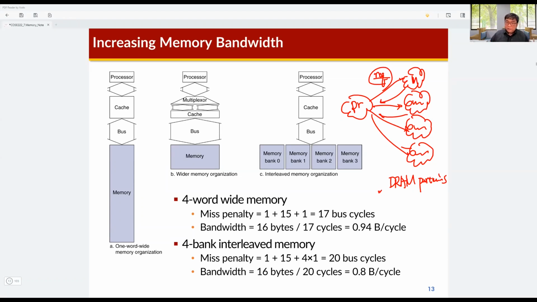This technique is called DRAM interleaving. So this is the interleaved memory organization. My writing is not good.